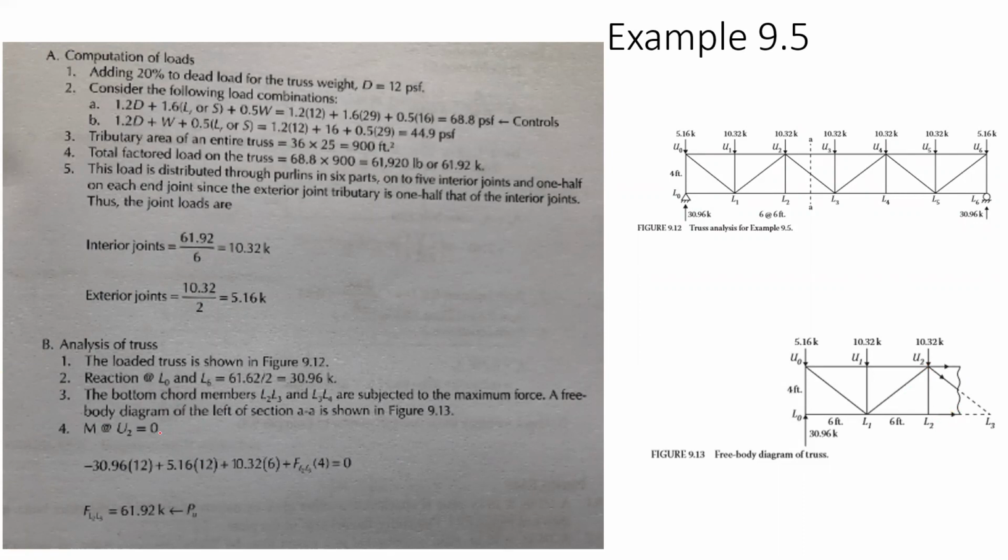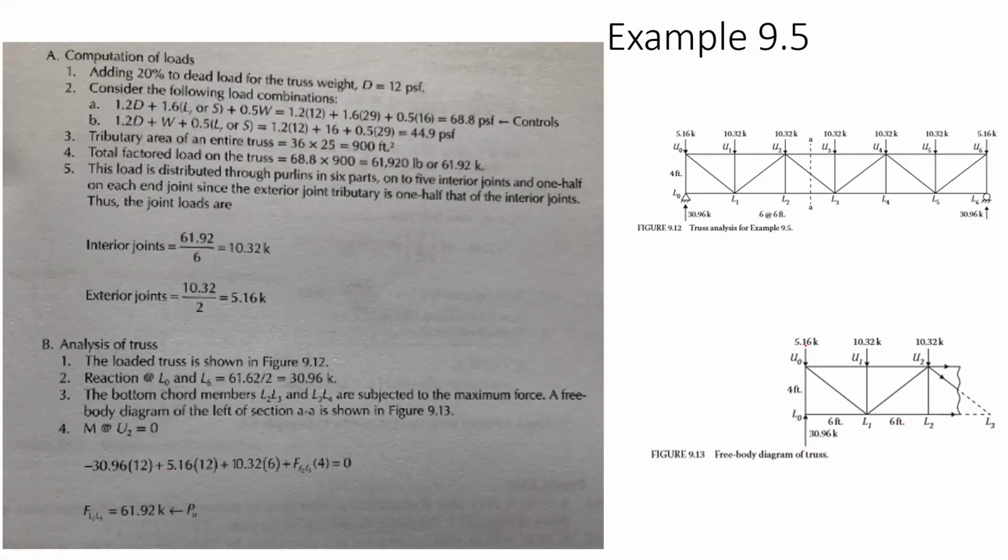So if we're taking the moment at U2, then all the forces equal 0, like you see here. Counterclockwise is positive, as we have learned. So this is clockwise, so 30.96 times the base distance, which is 6 by 6 at 12, as you see here, plus all the other forces.